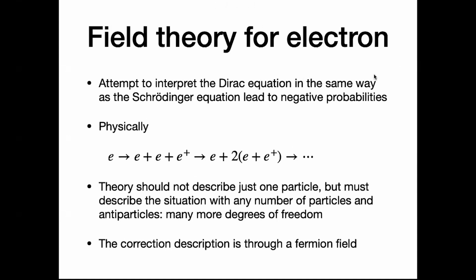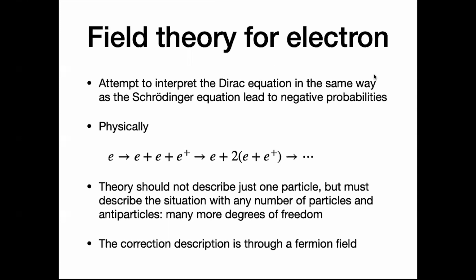So the Dirac equation has its origin in an attempt to generalize the Schrödinger equation to the relativistic case, but an attempt to interpret the Dirac equation in the same way as the Schrödinger equation led to nonsense, which is negative probability. Physically, we now know that this is related to the fact that the full theory should have both electrons and positrons.